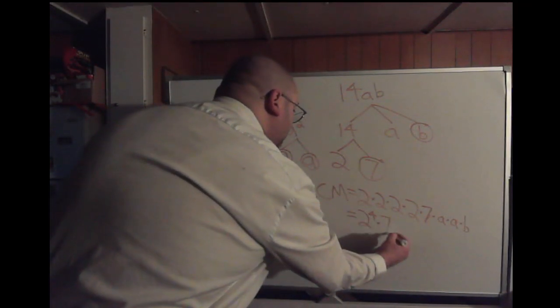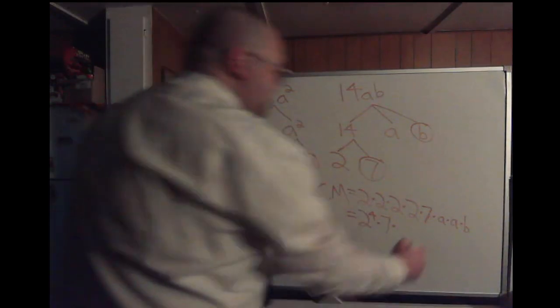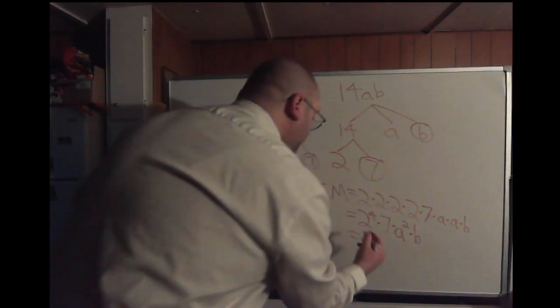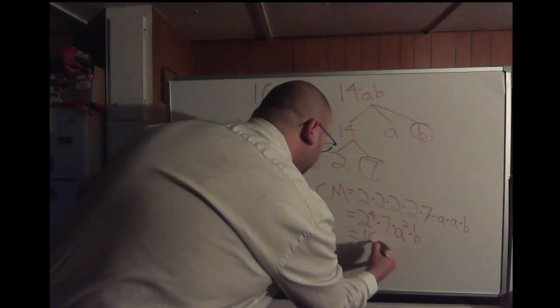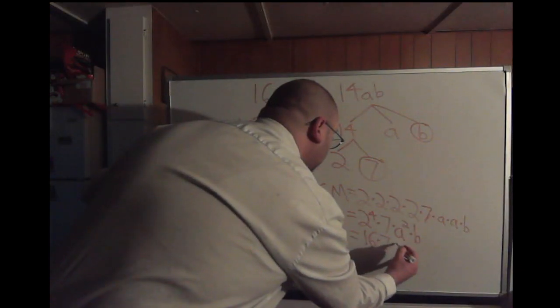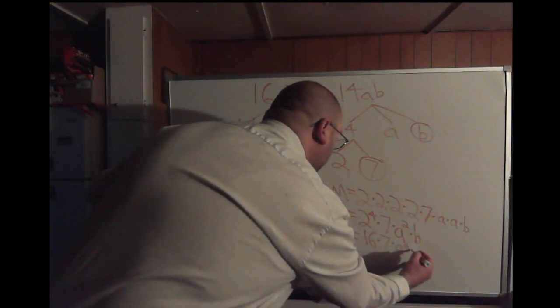That'll be times 7 times, let's see, a times a, that's a to the 2nd power. Then we just have b, which 2 to the 4th is 16, times 7 times a to the 2nd power times b.